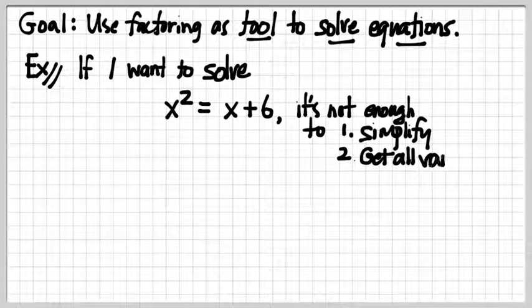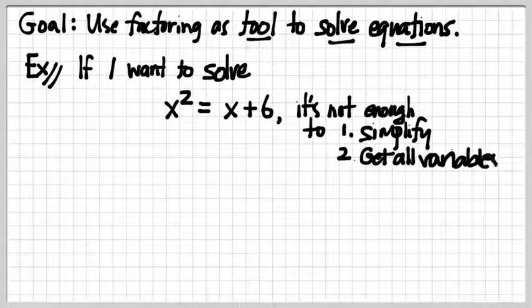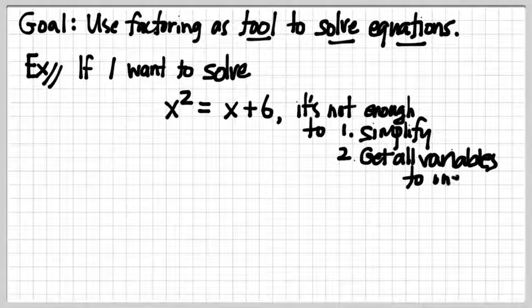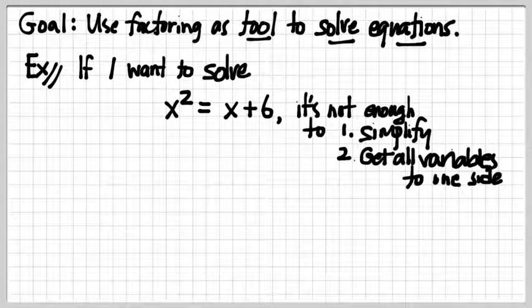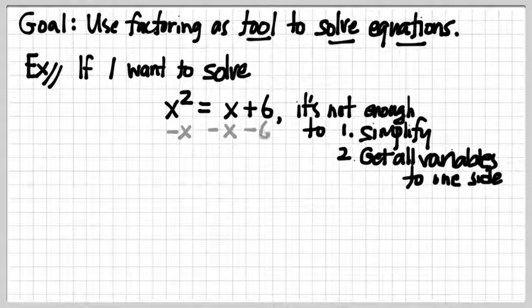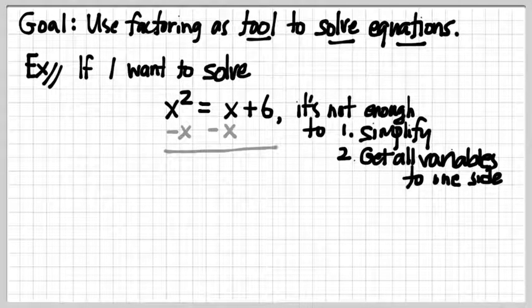Okay, well that we can at least do. And that would look like, what I would actually want to do with this is I would want to subtract the x. And I'd probably also subtract this 6. I'll do that in a second step. Now what do I have? On the left-hand side, I have a subtraction problem, x squared minus x.